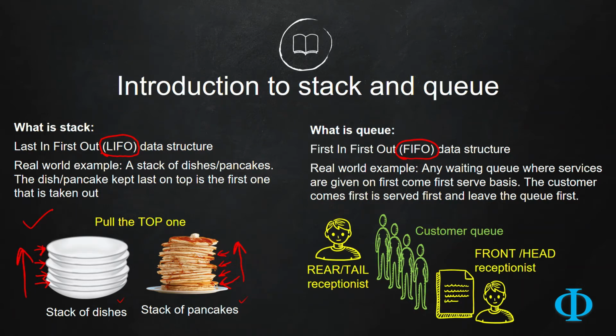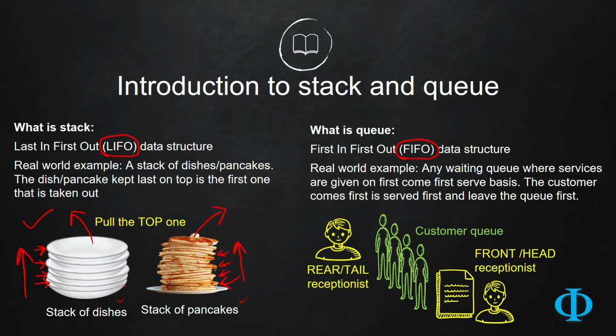Now, as a customer, when you pull out either a pancake or a plate, what do you do? Do you take out the bottom one first? Never, right? You always take out the top one, either in case of pancake or in case of dishes.